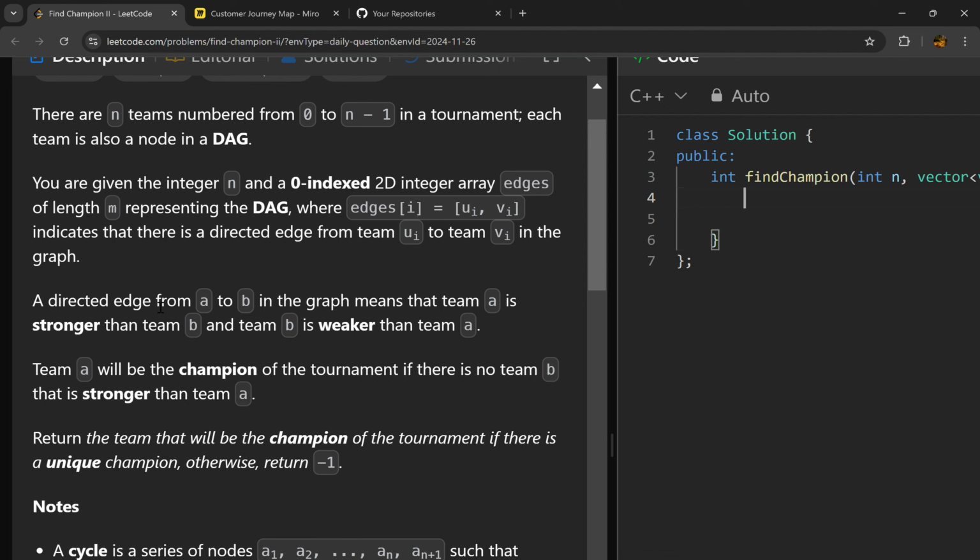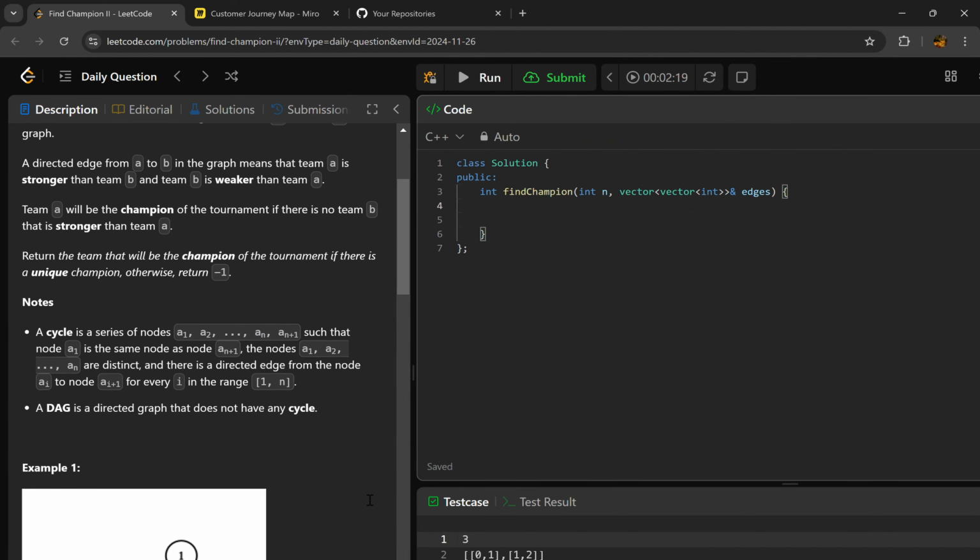A directed edge from A to B in the graph means that team A is stronger than team B, and team B is weaker than team A, right? That means A is champion. And also, if only A is there, A is the champion. In that case, as a unique champion exists, we have to return -1 if there is no unique champion.